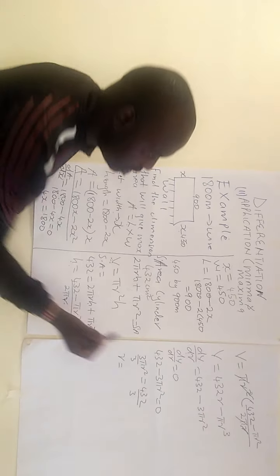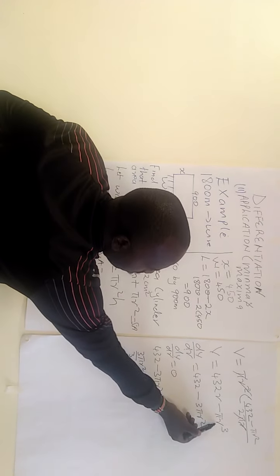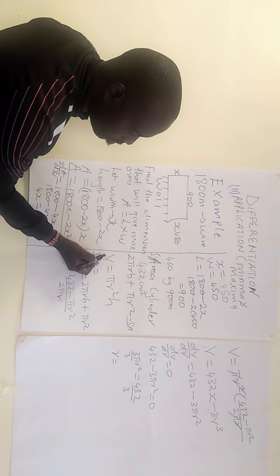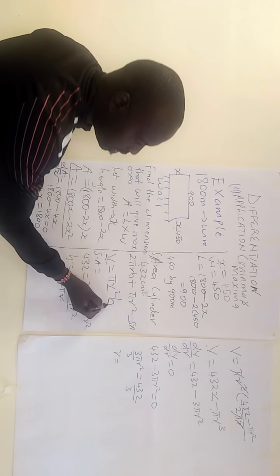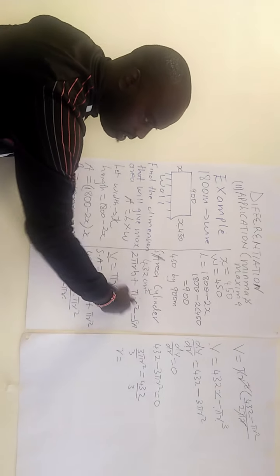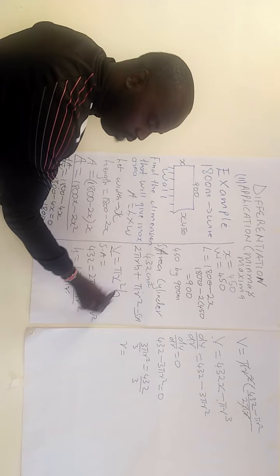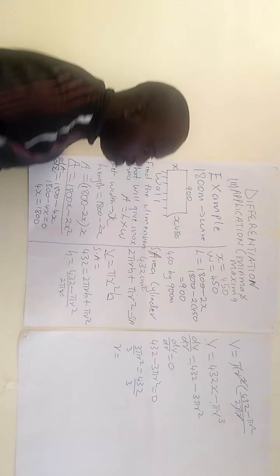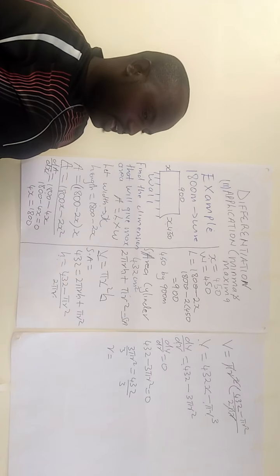What is important is that I've come up with two variables, V and r, and yet I was having three variables, V, r and h. So you use the conditions given to come up with an expression of one unknown, then you substitute according to the question, and you will be able to get the answer.